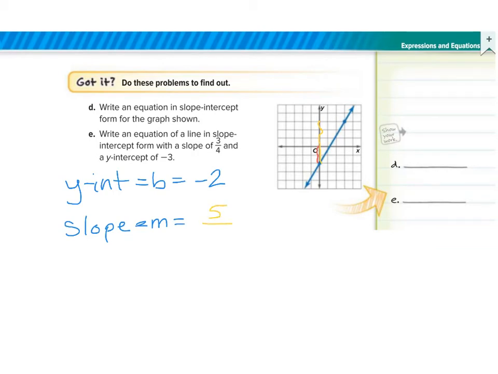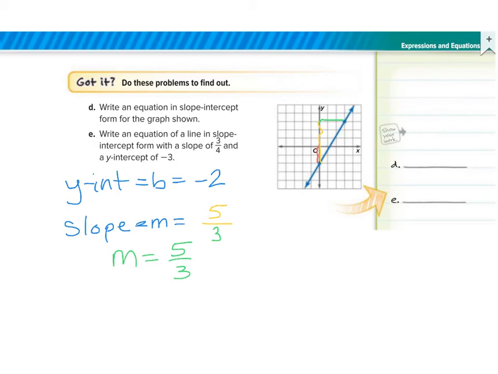And how many units over? 1, 2, 3 units to the right. It's 5 over 3. So my slope is just 5/3, or 5 over 3. Okay, so m equals 5 over 3.